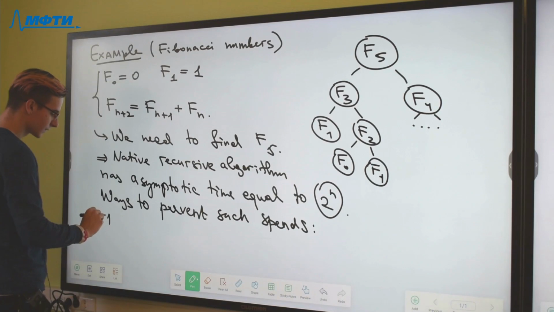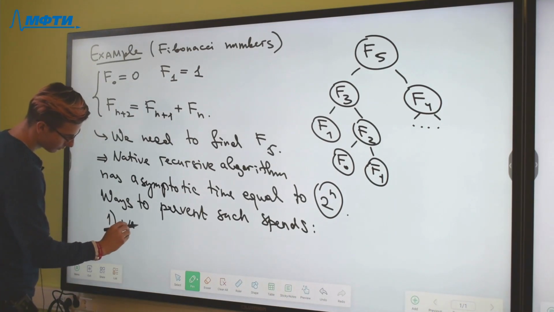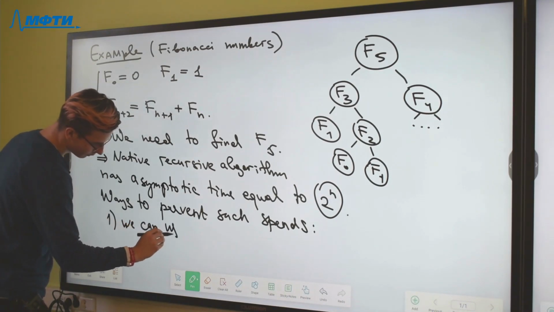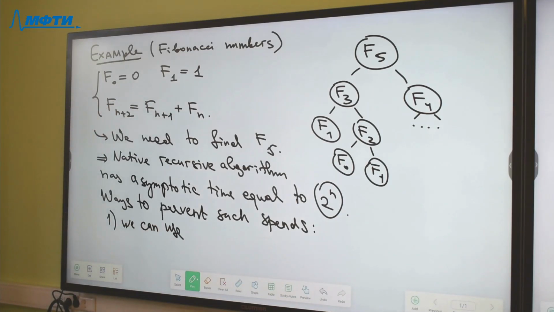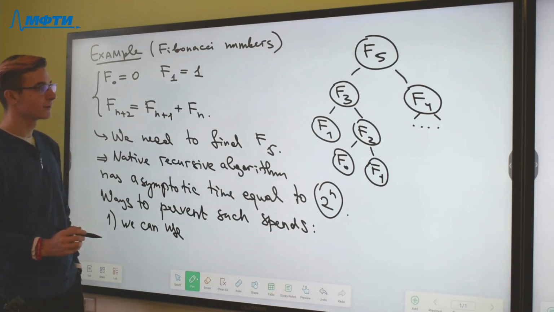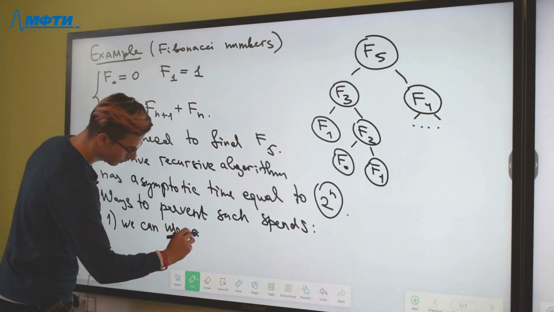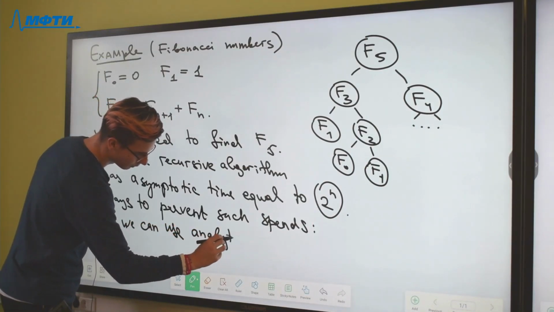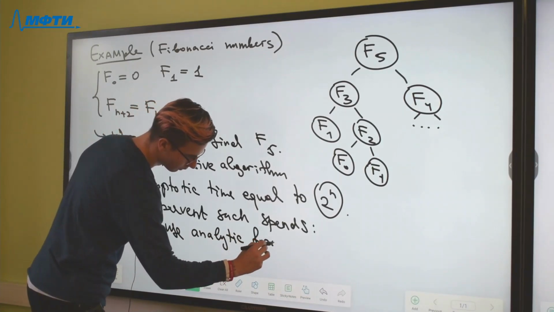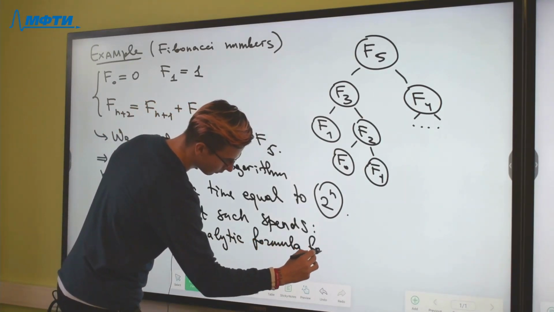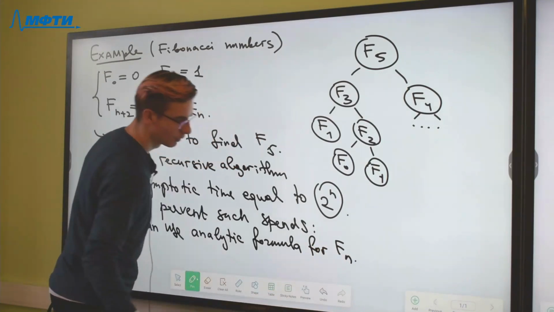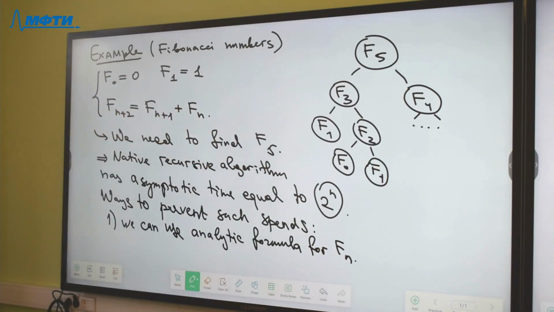First, we can use the analytic formula for Fibonacci numbers. Have you ever seen the analytic formula for Fibonacci numbers?